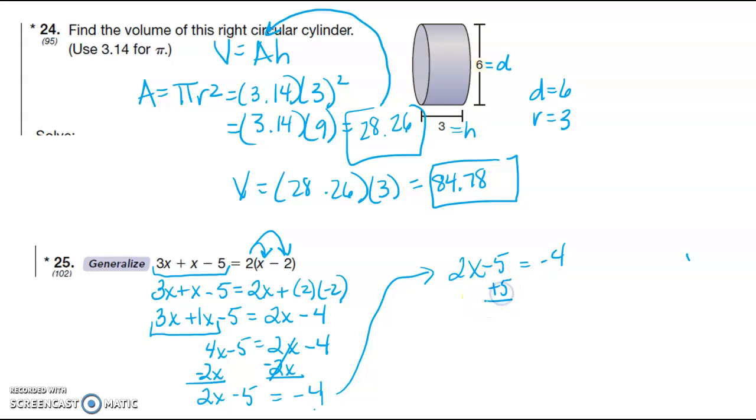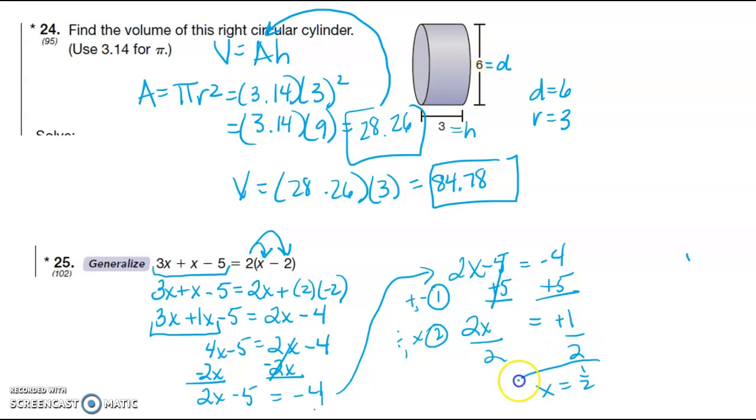So now this is my 2-step problem. I'm going to add or subtract. I'm going to get rid of my 5. Still trying to get x on one side. It's going to be negative 1. No, it's not. Positive 1, my bad. And then I'm going to divide. And I get x is equal to 1/2.